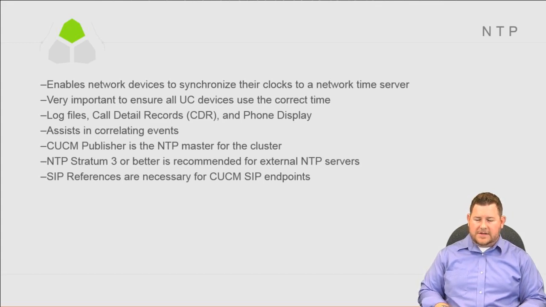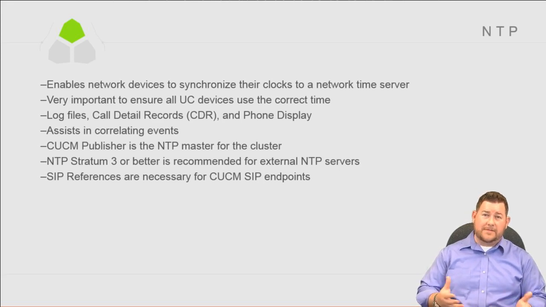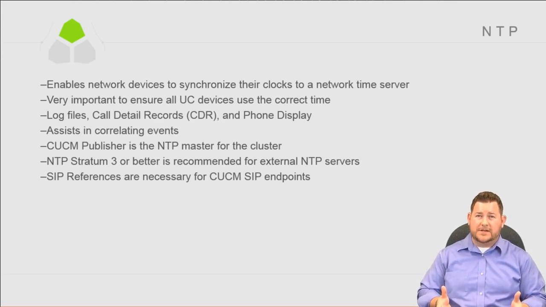The next thing here, NTP references are necessary for CUCM SIP endpoints. What does that actually mean? We already have our server synchronized with the NTP server. Skinny phones don't need any phone NTP reference because they're using the time that's provided on the server itself. Well, a SIP phone's a different animal. It needs to be told what to do a little bit more than Skinny.